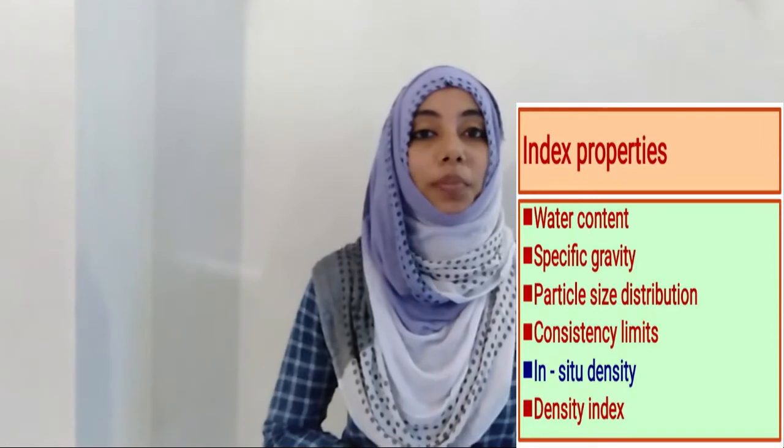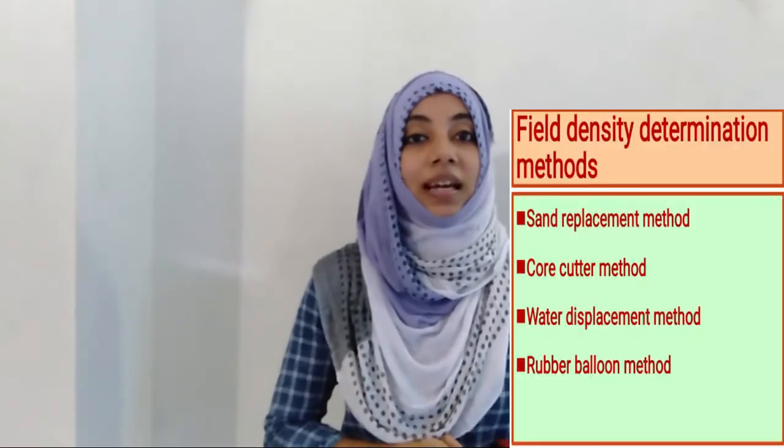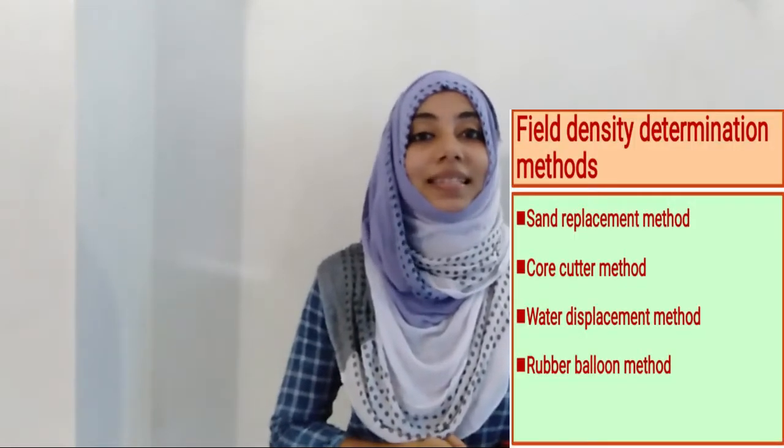Morning. Today we are going to discuss our fifth index property, in situ density, otherwise we can say field density. Field density of a natural soil deposit can be found out by various methods. The methods are listed here.